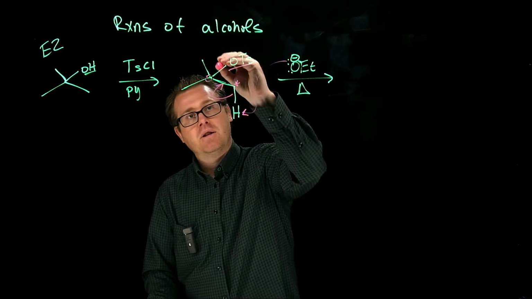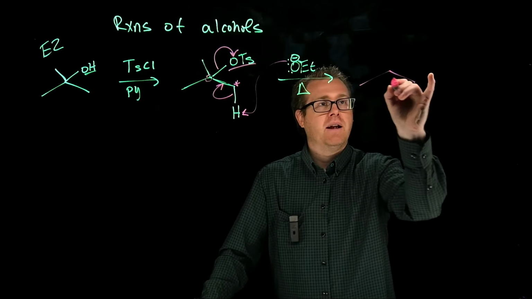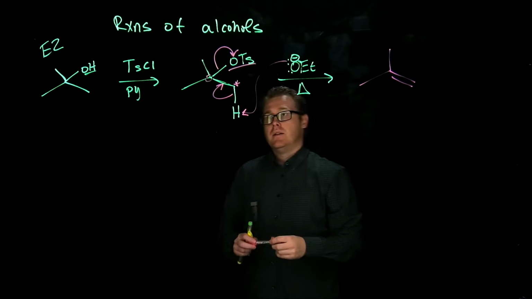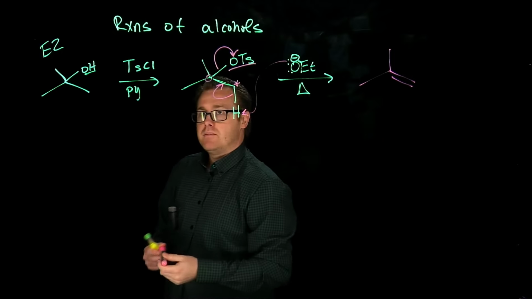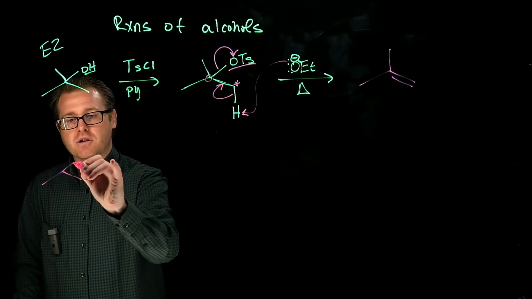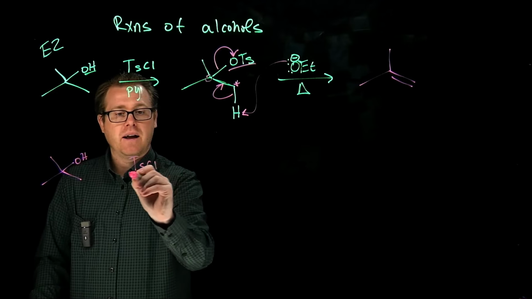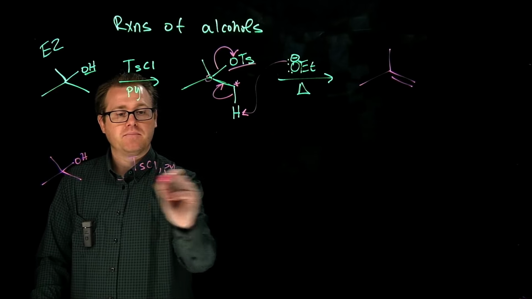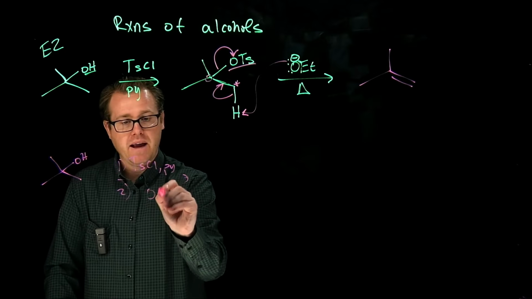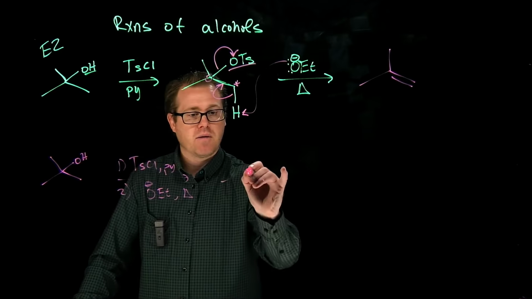But now this is a good leaving group, so that leaves. And then that's going to generate our product. So when we take a look at a tertiary alcohol like this and treat it with tosyl chloride and pyridine, step 1 and step 2, and then we add a base with some heat, that will give us our product.